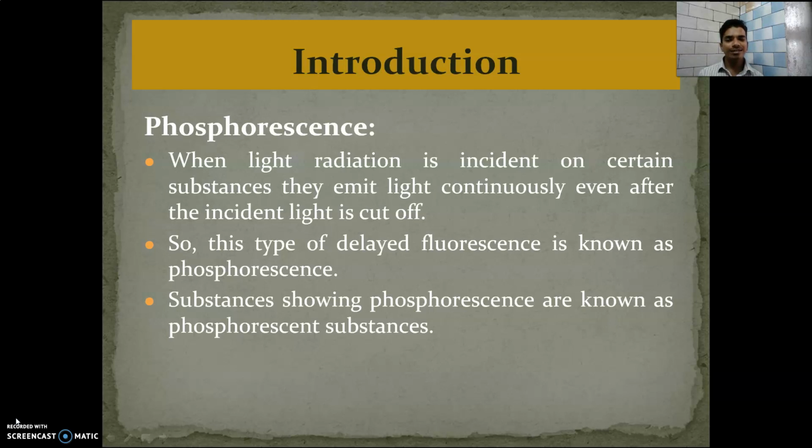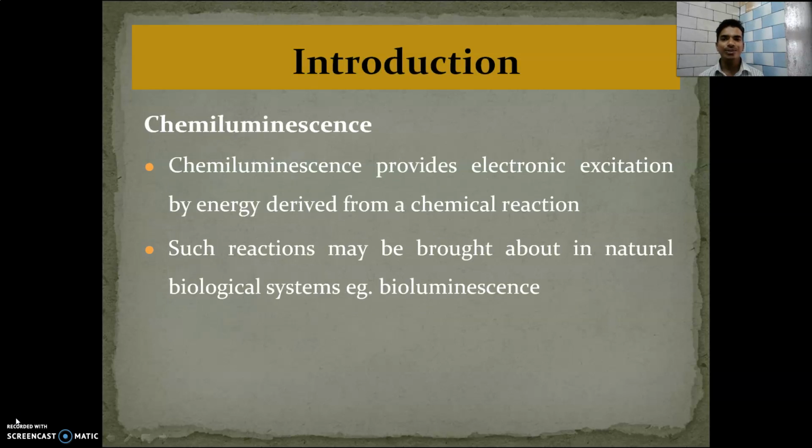We can remember the difference between fluorescence and phosphorescence this way. This type of delayed fluorescence is known as phosphorescence, and substances showing phosphorescence are known as phosphorescent substances. It is a simple phenomenon when we compare it with fluorescence.